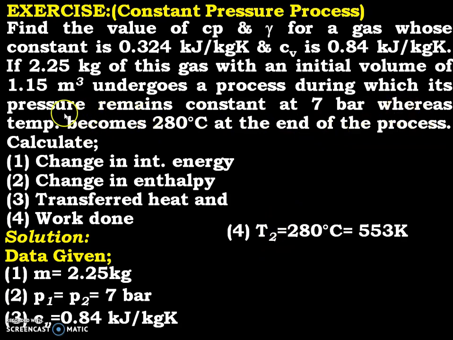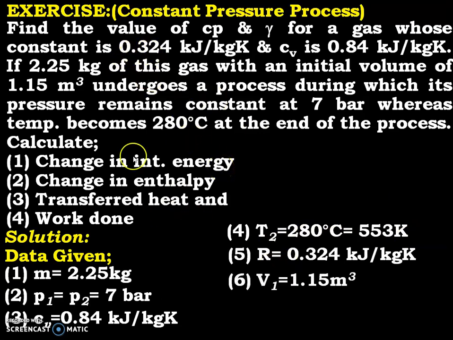After the gas passes through the constant pressure, the temperature becomes this. It means T2 they have given 280 degrees Celsius. So converting into Kelvin, that is 553 Kelvin. R they have given is 0.324 kilojoule per kg Kelvin. And initial volume, that is V1, is 1.15 meter cube.